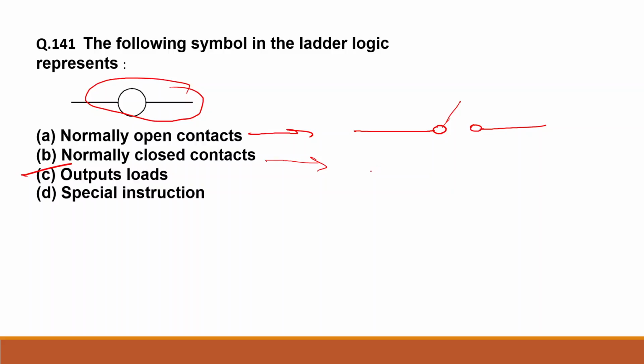So I will draw the closed contact here. This one is closed contacts, bro. This one is normally open. This one is open here, and the normally closed contact will be closed this way, and this one represents output load. The answer will be output load.